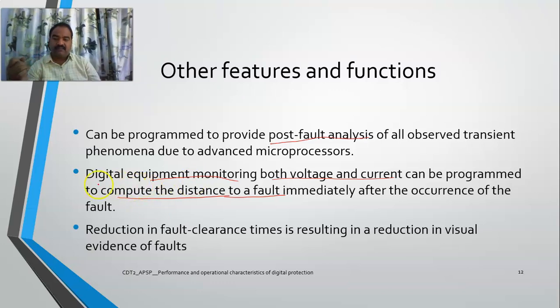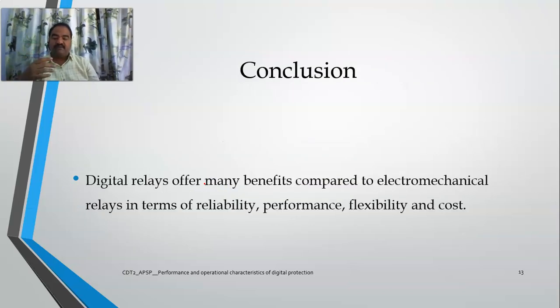So this type of advantage you do have with the digital relays. And reduction in fault clearance times. This is resulting in reduction in visual evidence of the faults. Right. So with these advantages offered by the digital relays, nowadays they are more and more in usage when compared to the conventional relays.